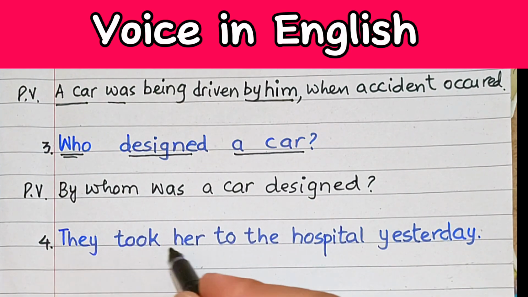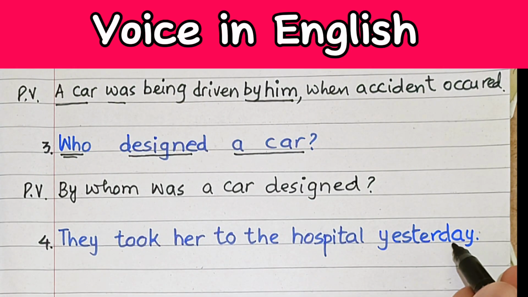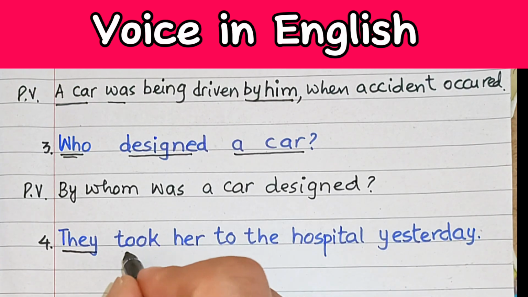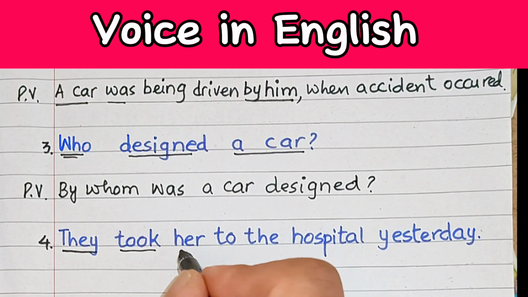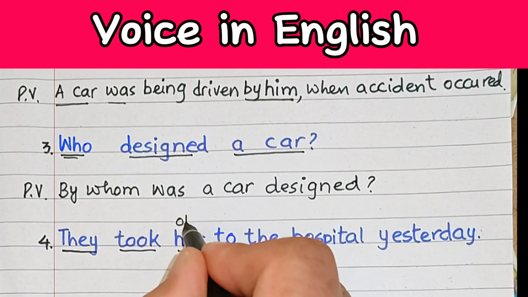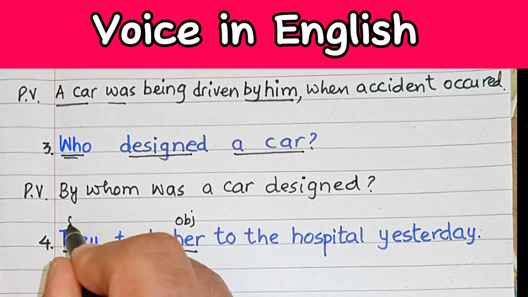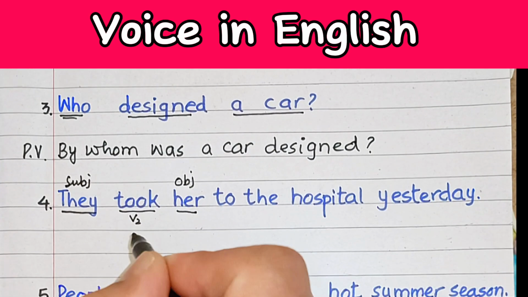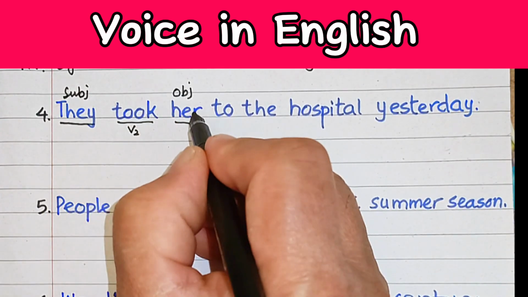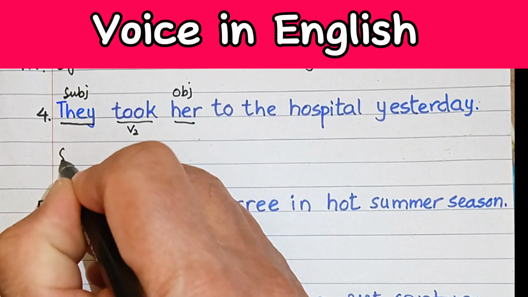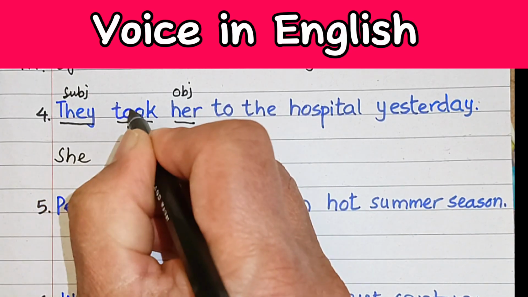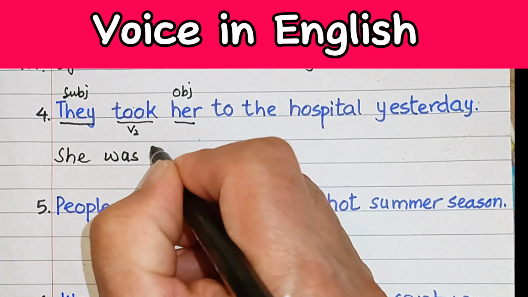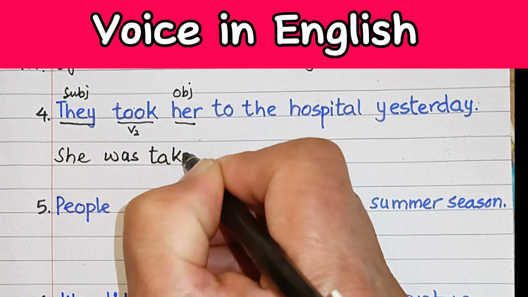So this was the passive voice of the second one, and this one is the third one. Now sentence number 4. They took her to the hospital yesterday. Over here again we have to identify: they is the subject, took is the verb, whom, her, this is the object. And over here we have got V2, the past form of the verb. So her is to be converted into she, because it is past and we have to write the past form was, then the third form of the same verb, was taken.